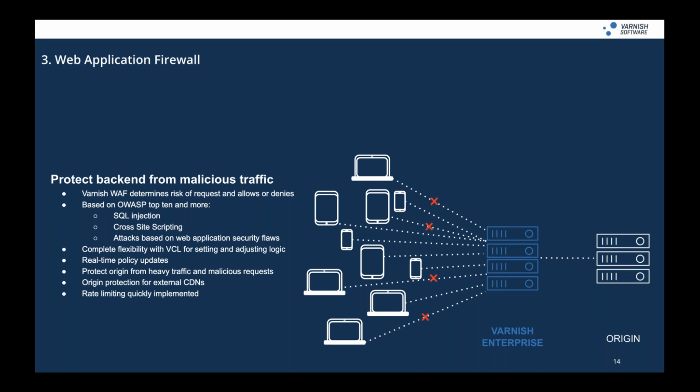And yeah, it can also be useful if you're using any external CDNs as well. So it's a fully fledged piece of technology in itself, and it comes as part of Varnish Enterprise.